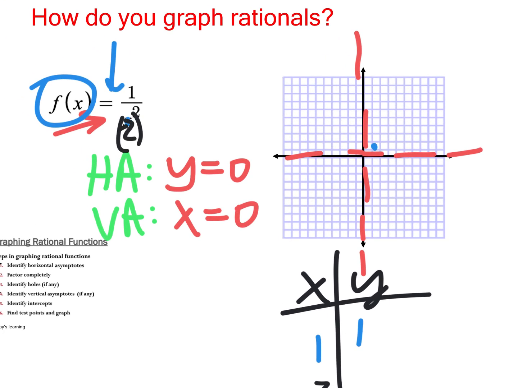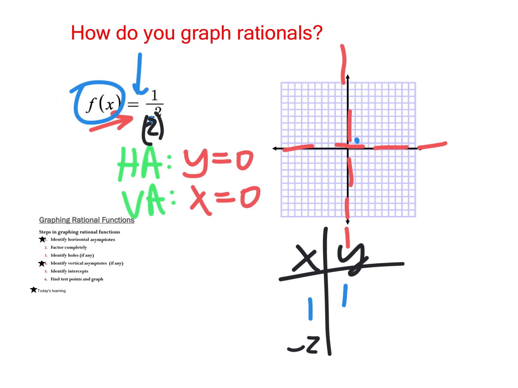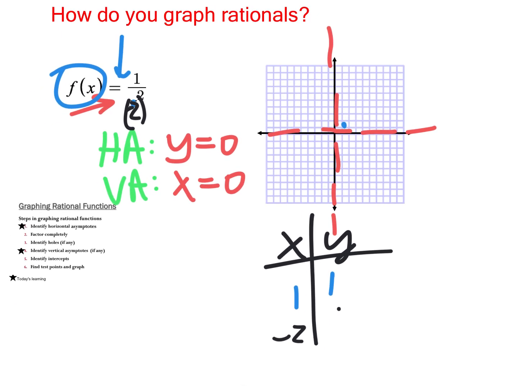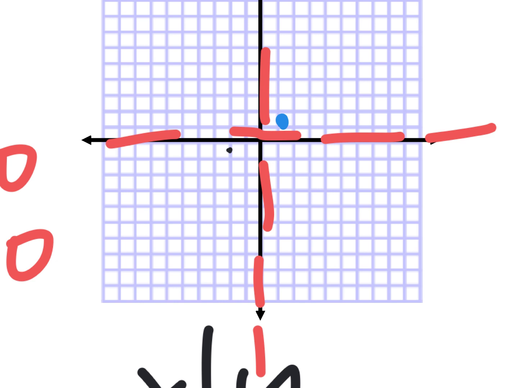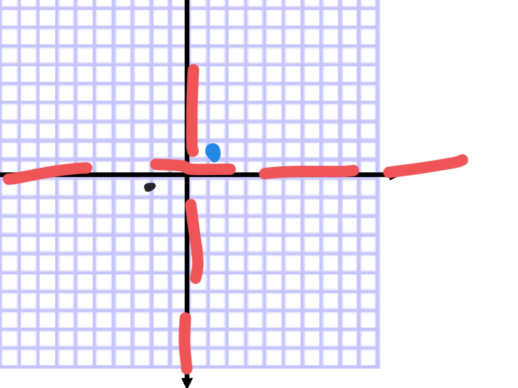Isn't -2 squared going to be 4? So -2, when you put it in, gives you what final answer? 1/4. Okay. Now, -2, 1/4 is like there-ish. And that's all I need. Do you need more? I don't, because I know it goes closer and closer to the asymptote here and there and here and there.